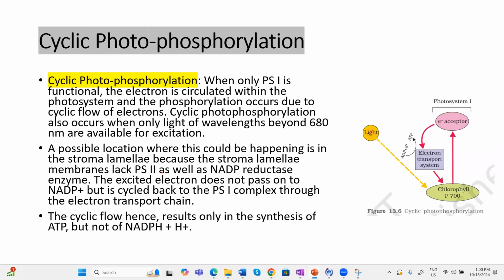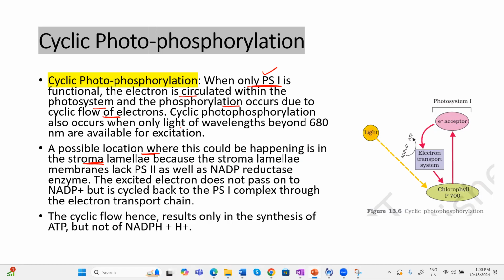But in case of cyclic, it starts only from PS1 and comes back to PS1. So when only PS1 is functional, the electron is circulated within the photosystem and phosphorylation occurs because of the cyclic flow of electrons. The possible location is the stroma lamella. Why? Because that is the area which is non-appressed.